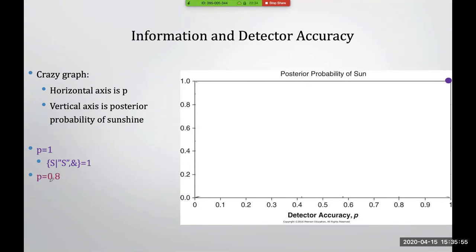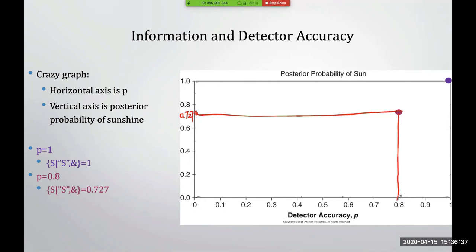And we've also done this for P equal to 0.8, where the posterior belief or probability is 72.7%. So that would correspond to the point over here. If you go down, that would be 0.8. If you go left, this would be 0.727.